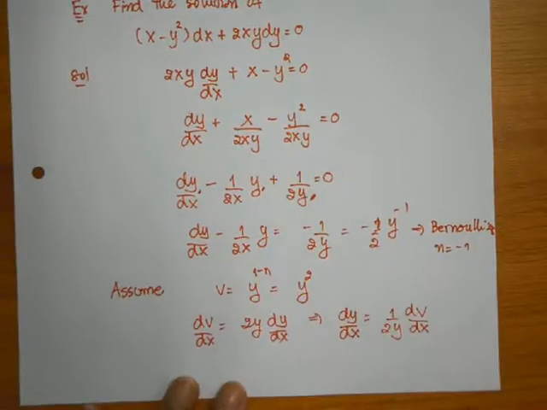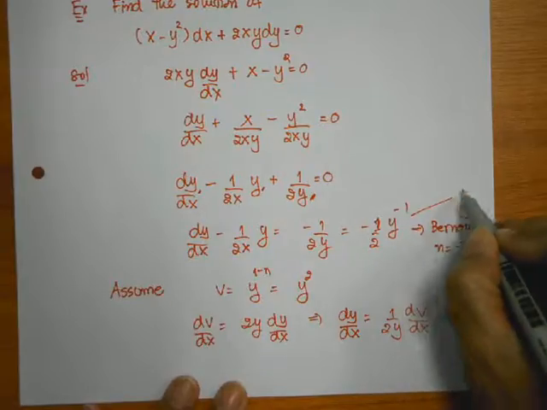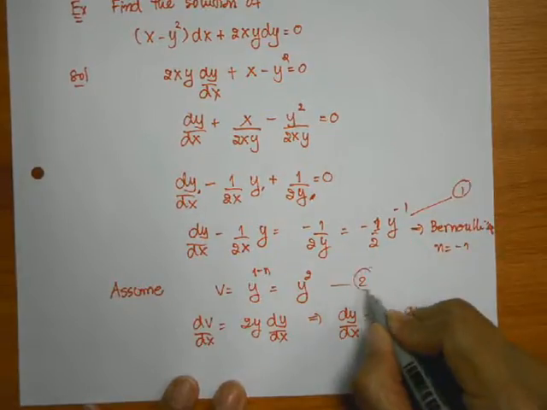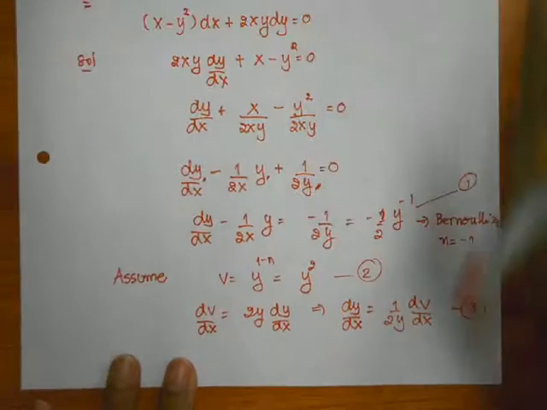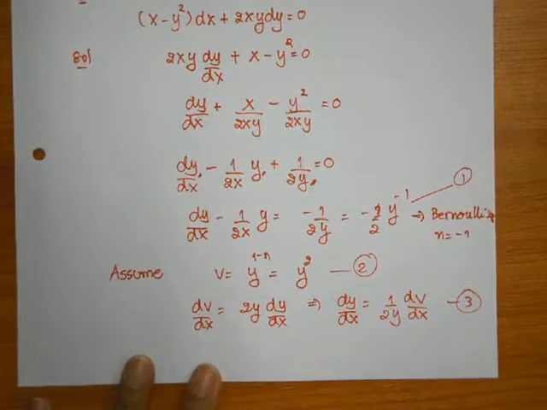I will label this as equation 1, this 2 and this 3. And it's just a pattern, right? The way to solve for the answer is kind of a pattern. If you figure out what technique you are going to use, that's a pattern that you can pick up.